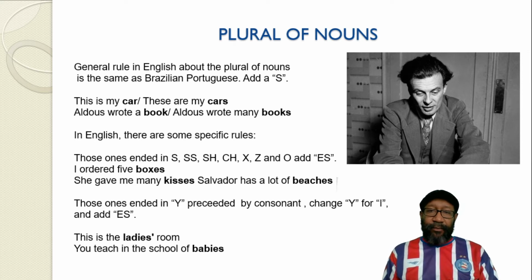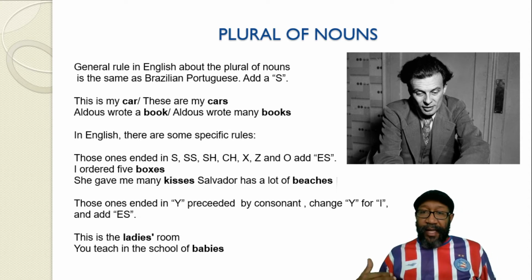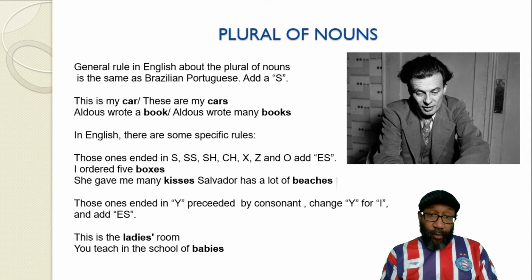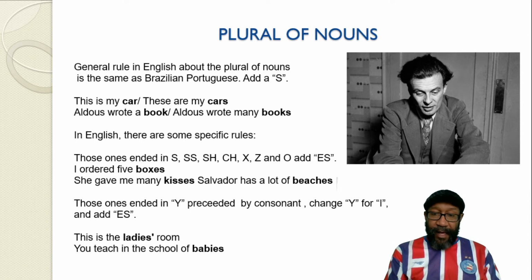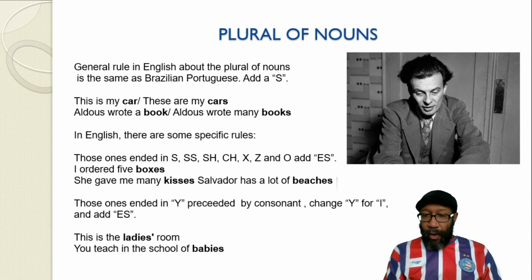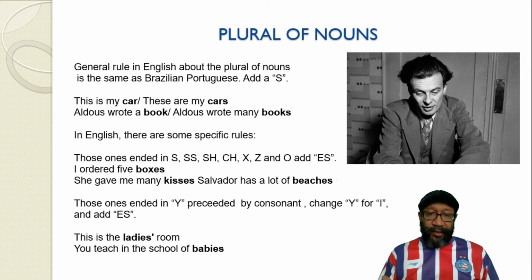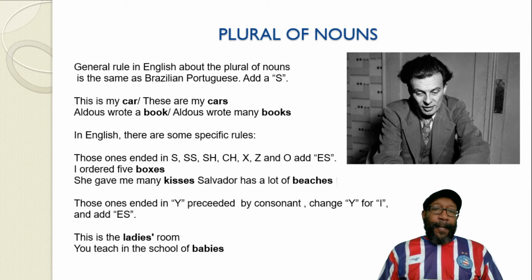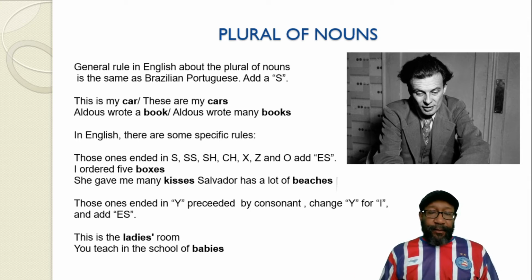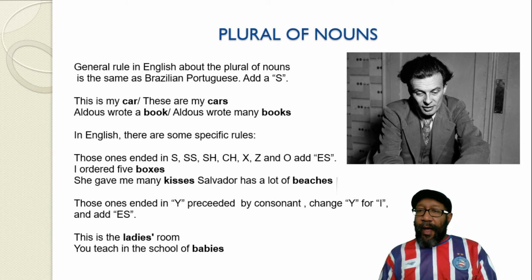He's a great writer. The general rule is to add s, but then we have specific rules, right? And they go from general to smaller sections. For example, words ending in S, SS, SH, CH, X, Z, and O, you add ES.